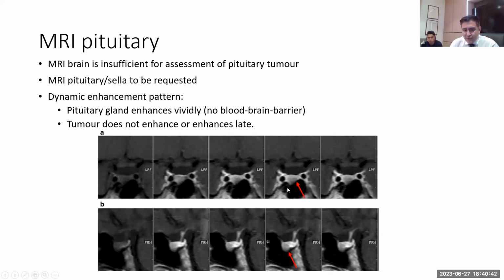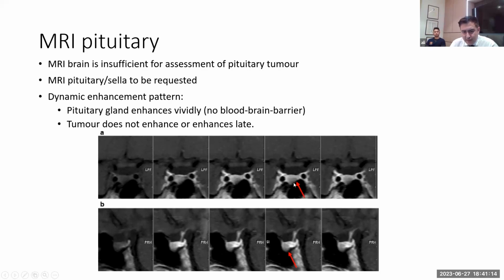And so if you see a picture like this where there is enhancement, and then there is an area where there is no enhancement after administration of gadolinium, that area is more likely to represent your tumor. So you see here a T1 weighted MRI scan of the brain where everything is dark, the CSF is dark, the vascular structures are dark, and then they give the contrast, and then they take a series of images.